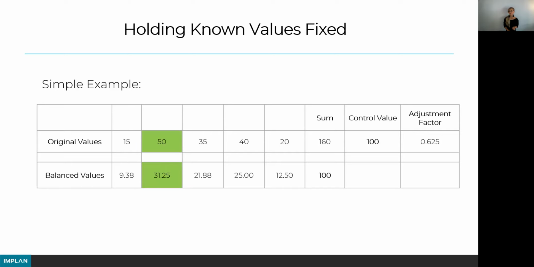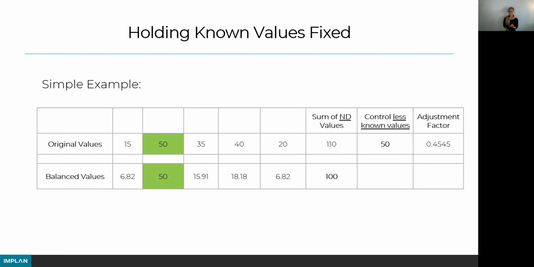We changed a known value, and now we have a value that's 31.25. And someone's going to call you out on that and say, no, I saw it published in some public data source that that value is 50. You guys messed this up. So what we want to do is hold that value known and just adjust the rest of them.